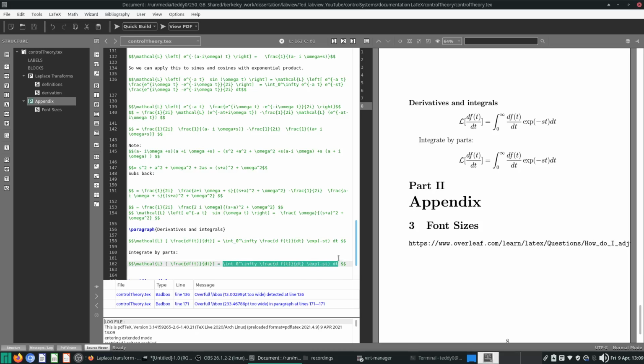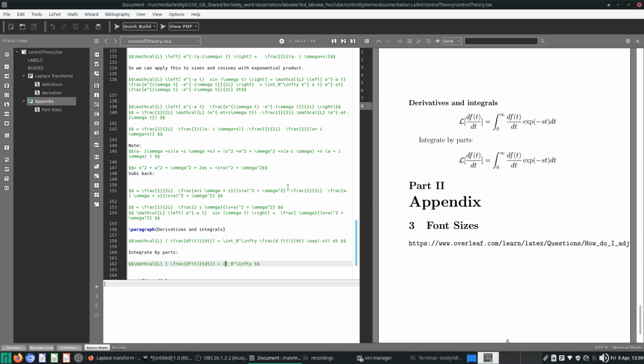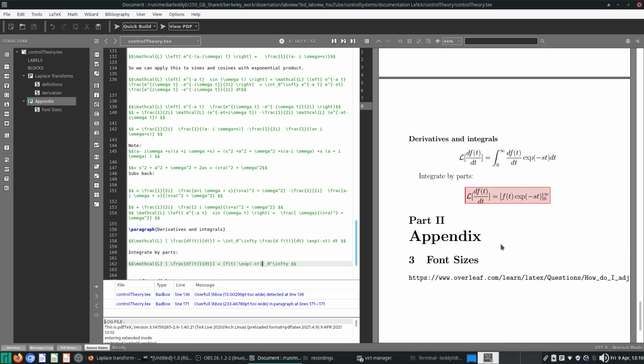So let's integrate this first. Between 0 and infinity, the first part is that we integrate df/dt, which gives f(t), times e to the minus st. If you notice, this is almost just the definition.